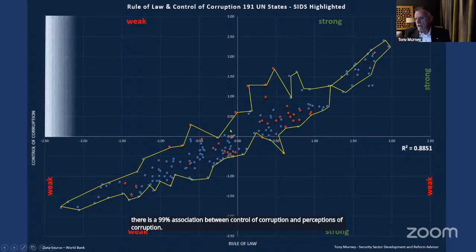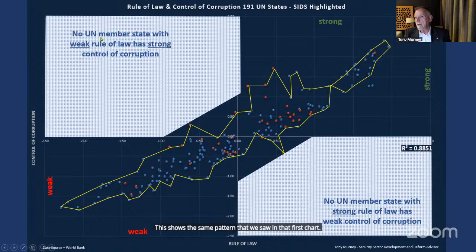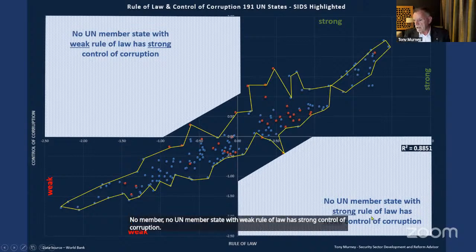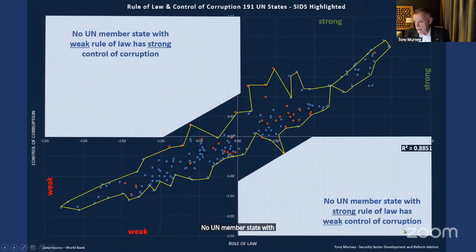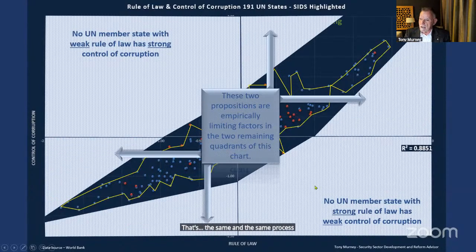This shows the same pattern that we saw in that first chart. No UN member state with weak rule of law has strong control of corruption. No UN member state with strong rule of law has weak control of corruption. That's the same, and the same process follows as for the previous chart.